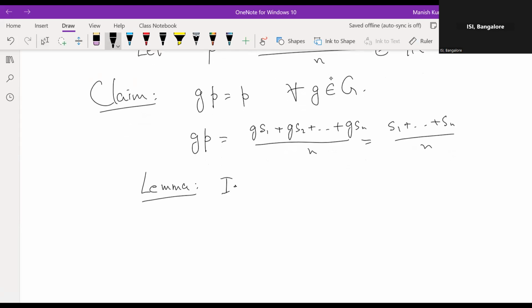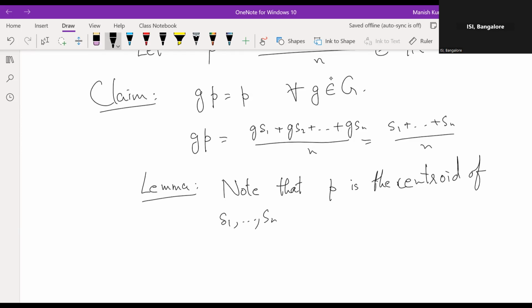isometries. See, this P is a centroid. Note that P is the centroid, the average of S1 to Sn, which is called the centroid of S1 to Sn.